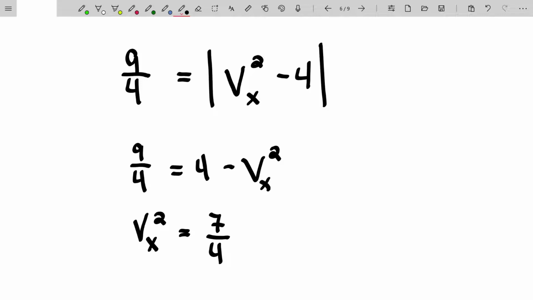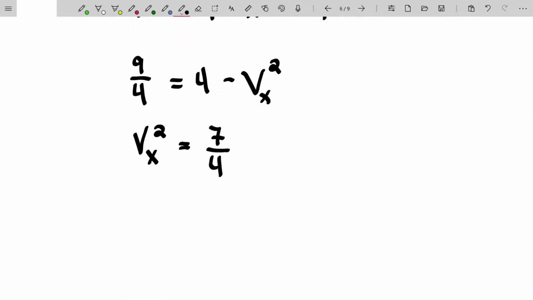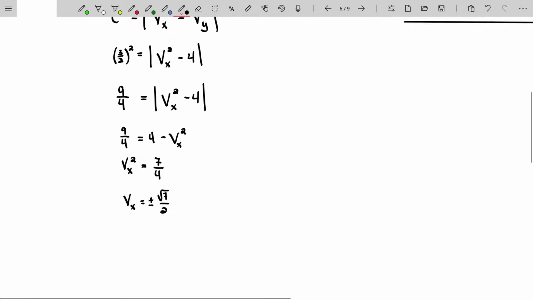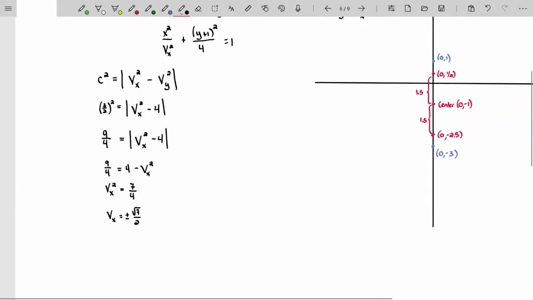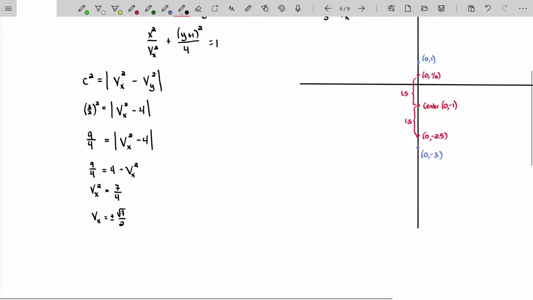Let's see, 16/4 minus 9/4, yes. And then take the square root of both sides. So v sub x is going to be the square root of 7 over 2. Technically it's plus or minus, that's the distance to the horizontal vertex from our center. So all I need to do is add and subtract root 7 over 2.